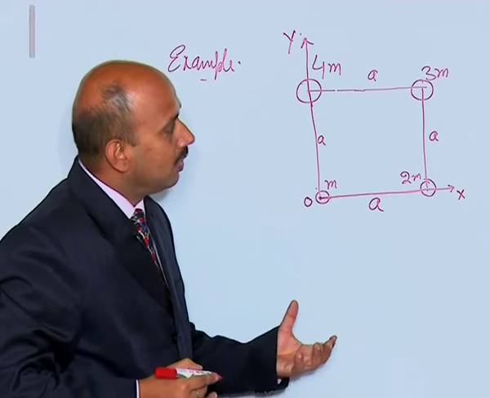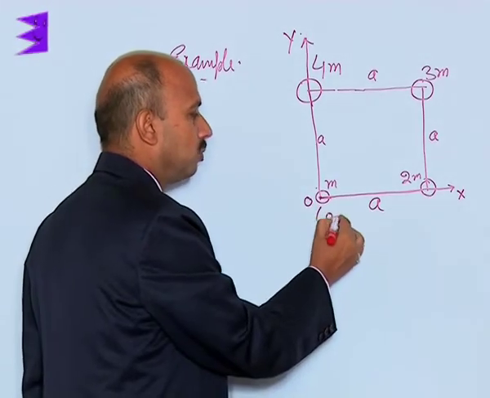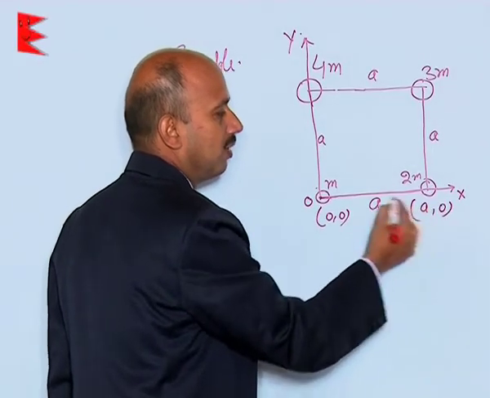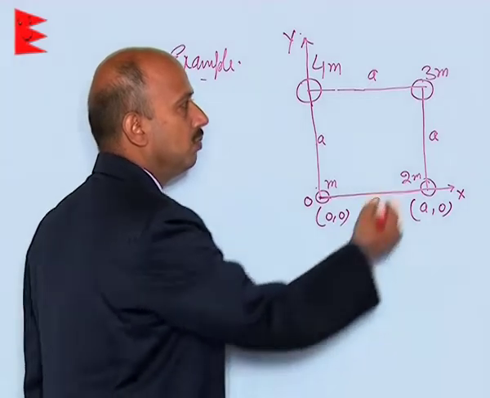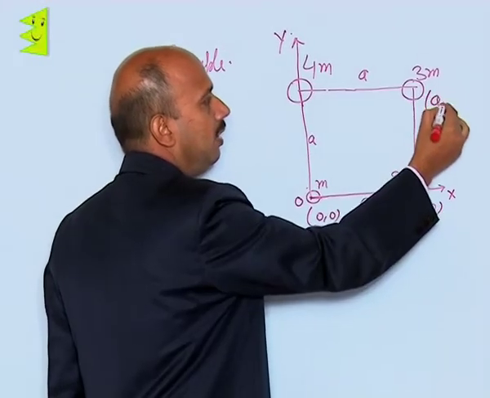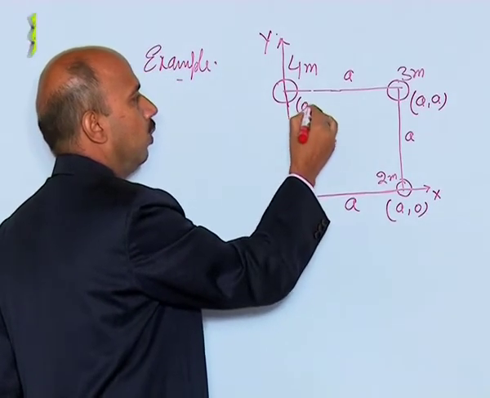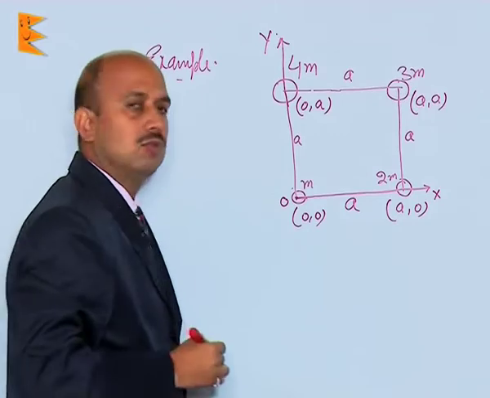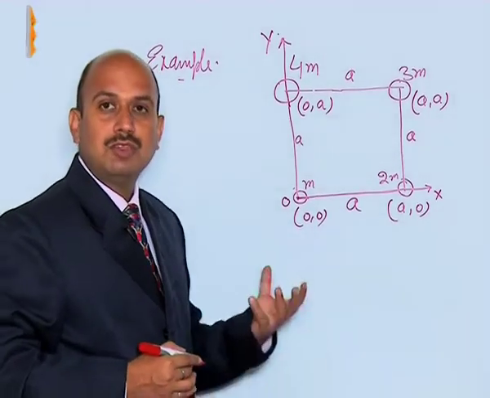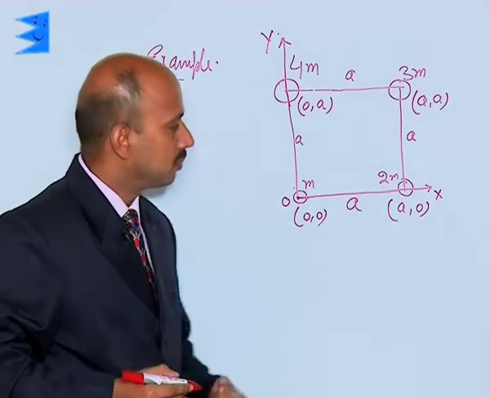Now, we write the coordinates of all these particles. Its coordinates are 0 and 0. Its coordinates are a and 0, because the x coordinate is a and y is 0. Its coordinates are a and a, and this one is 0 and a. Since this is in the xy plane, the position of the center of mass will have both x and y coordinates.